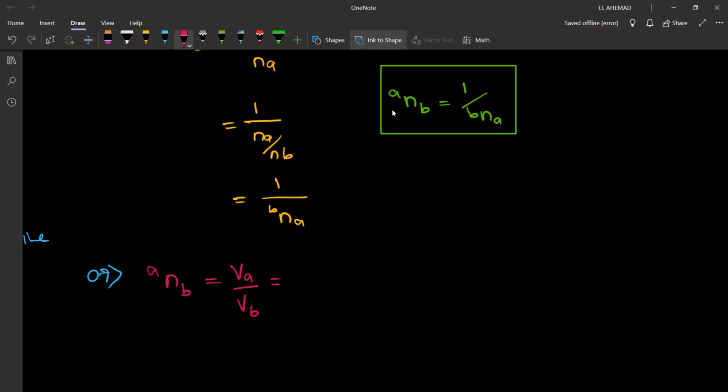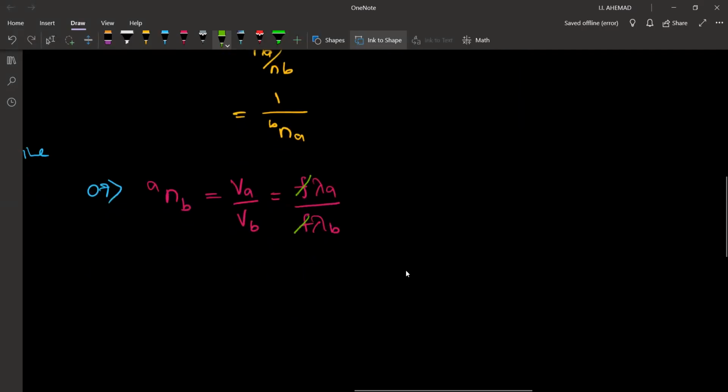And this could also be written as frequency into lambda A over frequency into lambda B. What can you tell about the frequency? Will it change? No, right? It's constant. So just cancel off those frequencies. Now we get an equation in terms of wavelength.